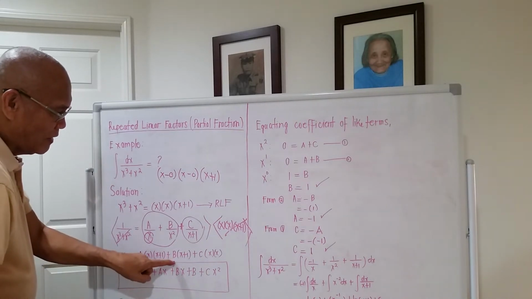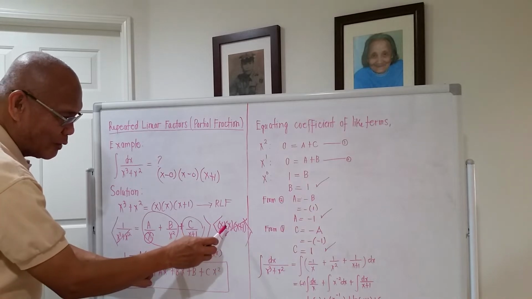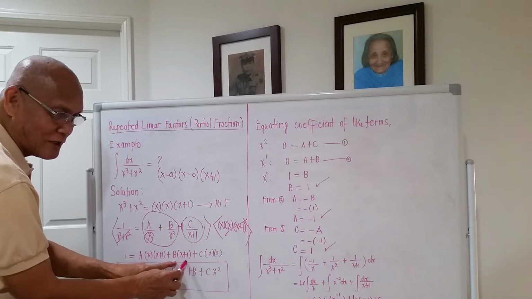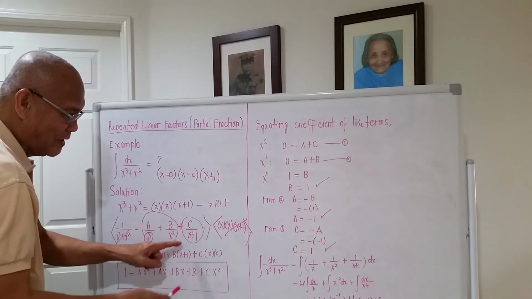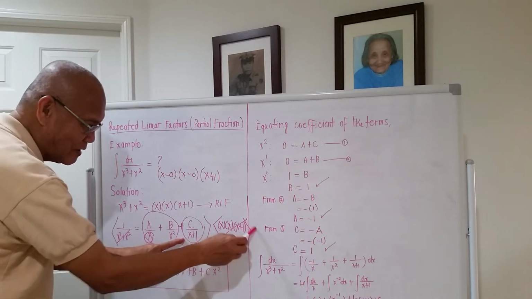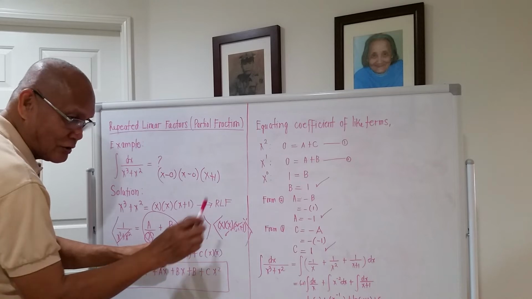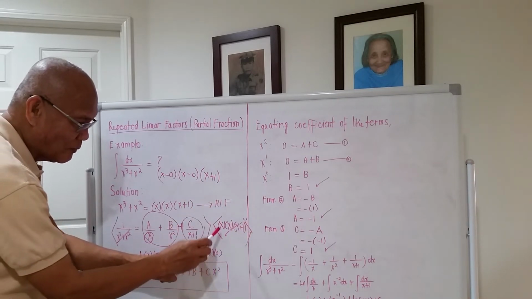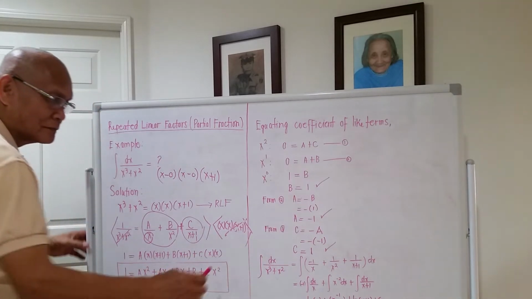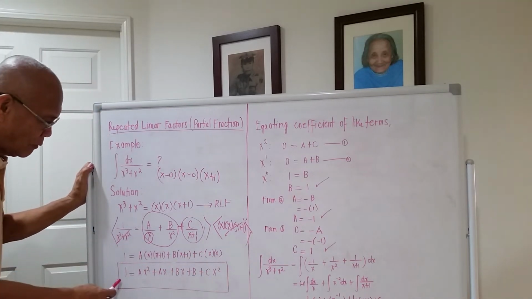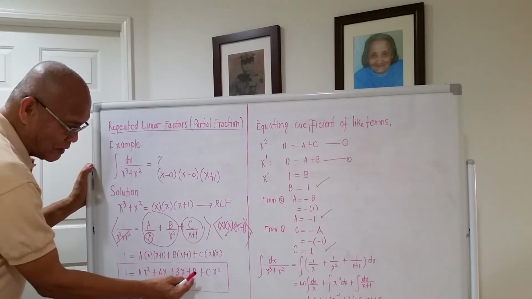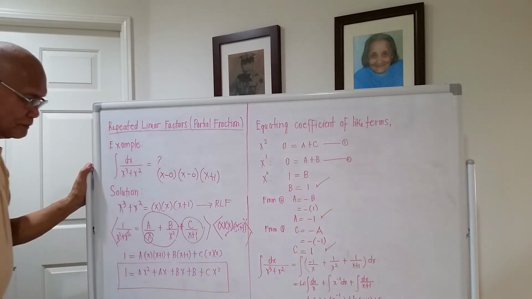For B, this x squared here will be removed, so the multiplier for B is only the quantity x plus 1. For C, x plus 1 will cancel, so the remaining multiplier for C will simply be x times x, or x squared. If we expand this, 1 is equal to Ax squared plus Ax plus Bx plus B plus Cx squared.